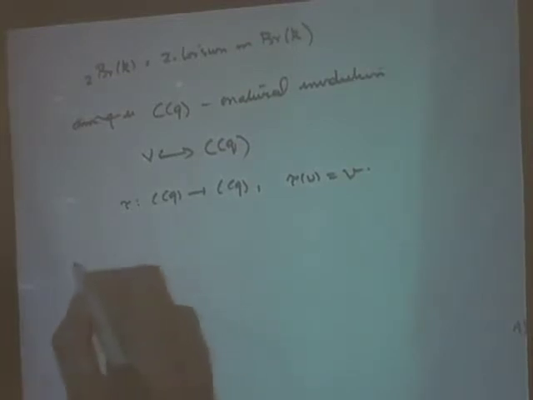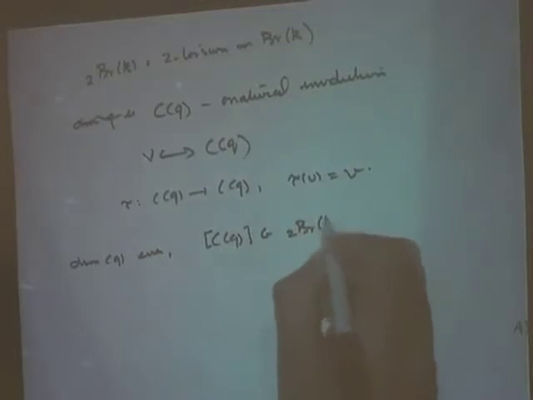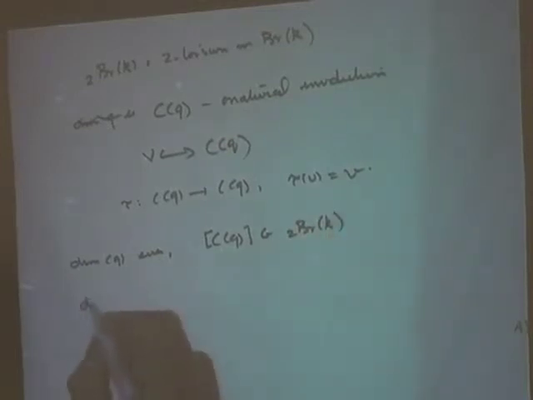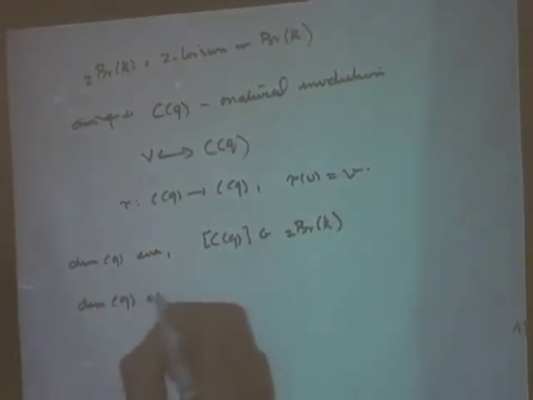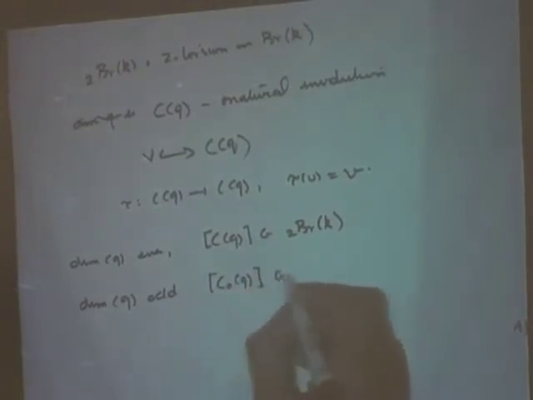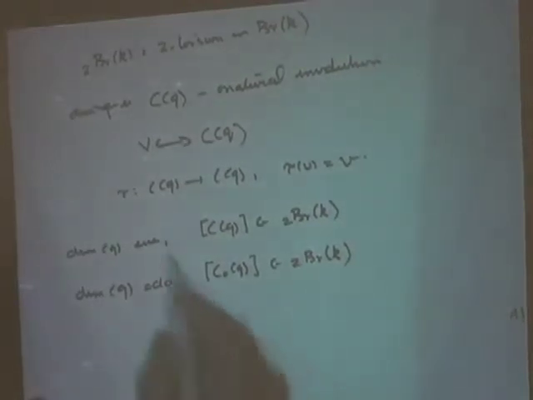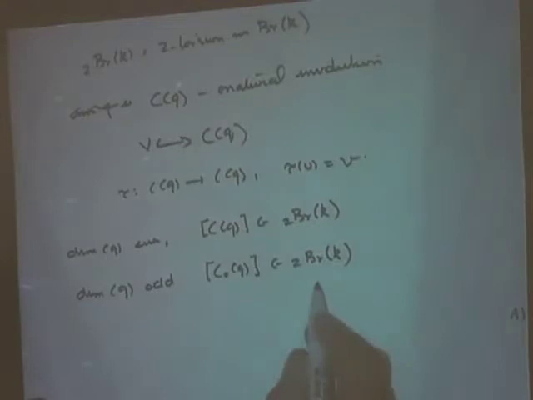So we have therefore, if dimension Q is even, then the class of C(Q) is an element in the two torsion of the Brouwer group of K. And if dimension Q is odd, then the even Clifford algebra of Q, this is an element which is in the two torsion of the Brouwer group of K. So given a quadratic form, we always end up with associating to it an element in the two torsion of the Brouwer group.